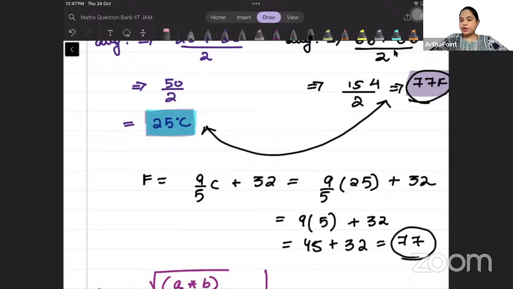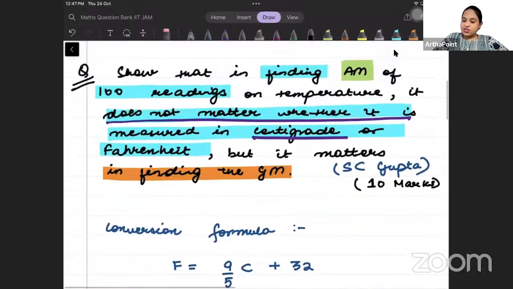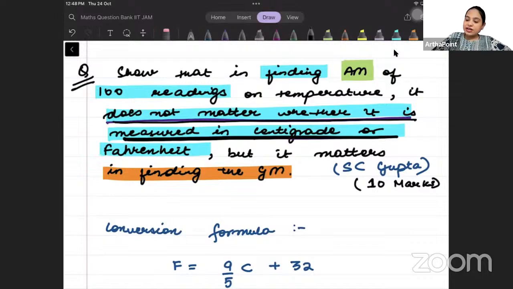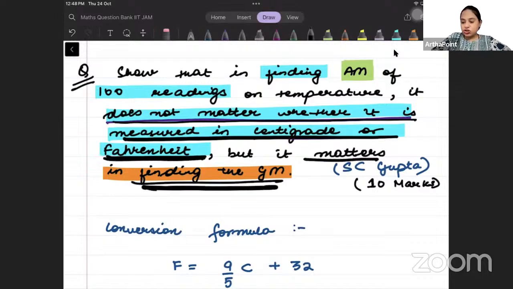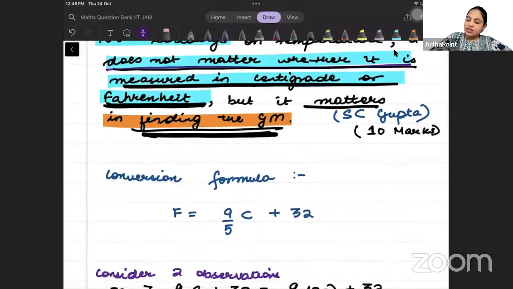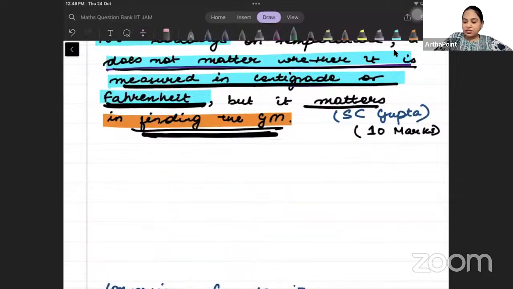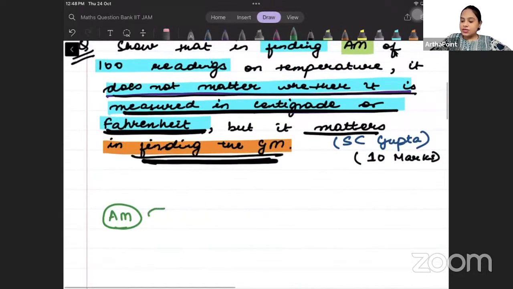That's the first aspect. Now, try to understand this thing. It says that it does not matter whether it is measured in centigrade or Fahrenheit, but it matters in finding the GM. So now what is the question asking us to do? It is saying that when we find the arithmetic mean, then it does not matter whether it is centigrade or Fahrenheit.